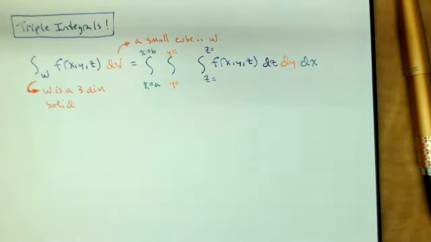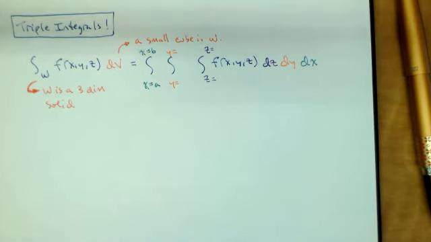Just like with double integrals, the last integral, the outside one, is going to have to be between constants. Now I've got two earlier integrals. These endpoints can be functions of upcoming variables. So y can be between functions of x, not z, because z is already passed by.